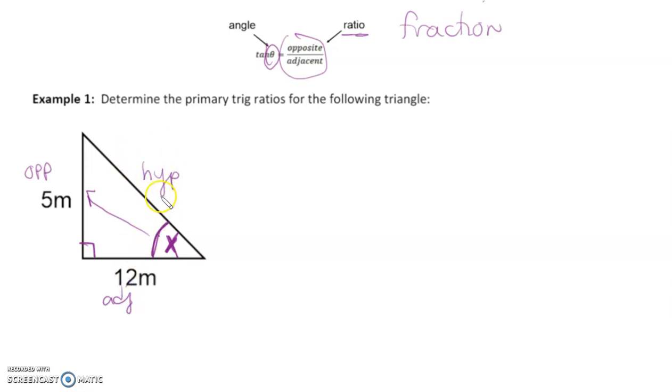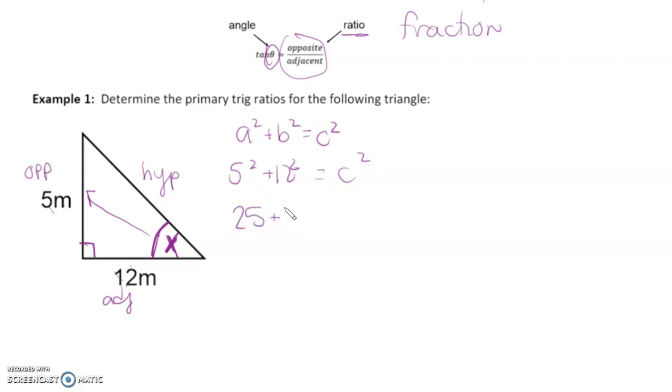Okay, we don't know the value of the hypotenuse, so we are going to do Pythagorean's theorem. A squared plus b squared equals c squared. So let's plug in 5 squared plus 12 squared, right? These 2 side lengths equals c squared.